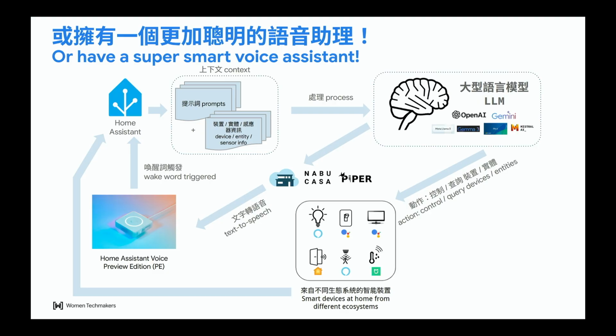So the greatest update since last year is that it has much smarter voice support. For example, you can now buy hardware like this one. This is the official Home Assistant Voice Preview Edition hardware, based on the ESP32 chipset.